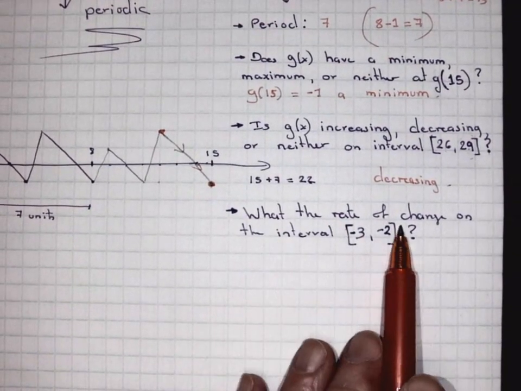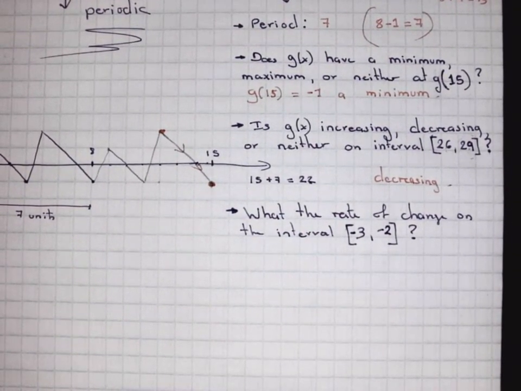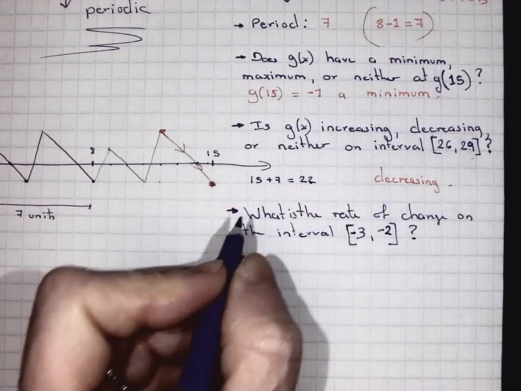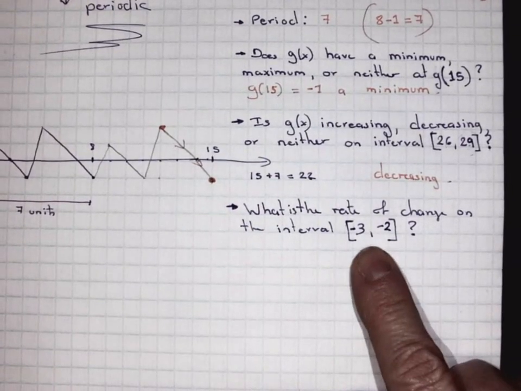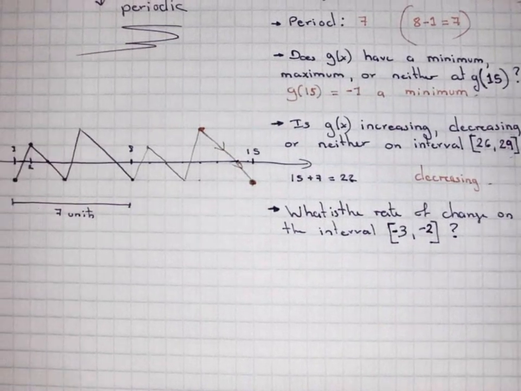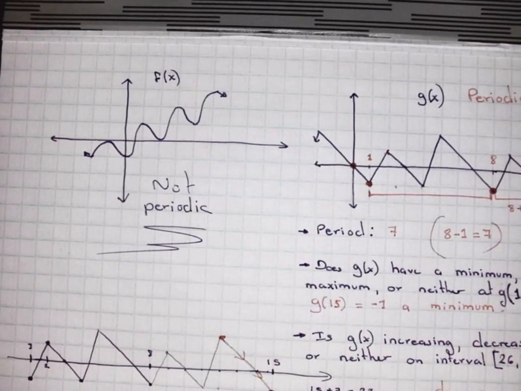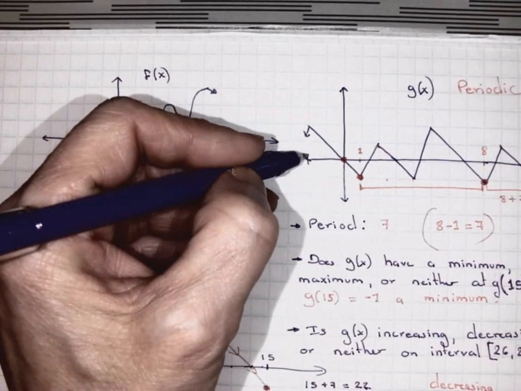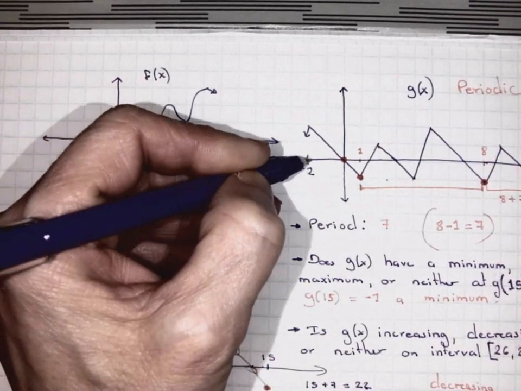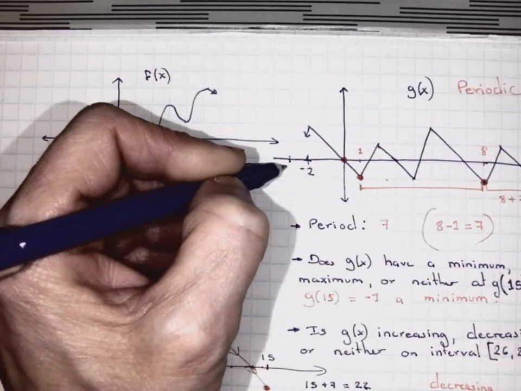Last one. What is the rate of change on the interval from -3 to -2? So I'm moving backwards. Right there, we're at -2, and then -3 will be 1 more.